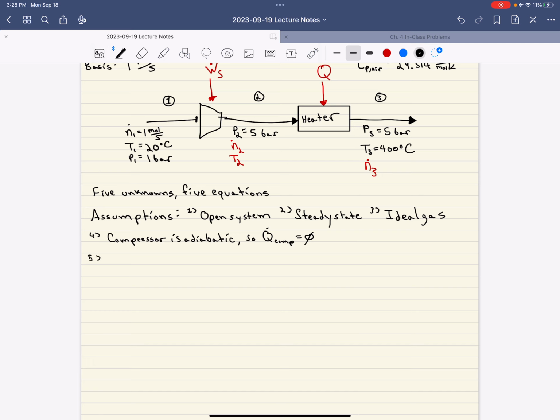Also for the compressor, we're told that it's operating in a reversible fashion. Mathematically, that indicates that in our entropy balance, the entropy generated term is going to be equal to 0. We're not going to worry about changes in kinetic or potential energy.